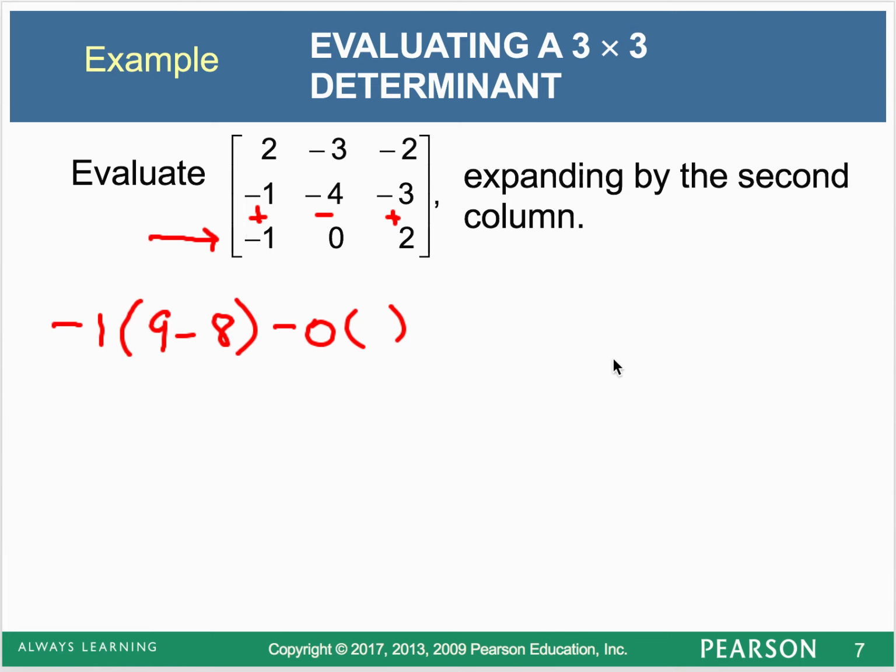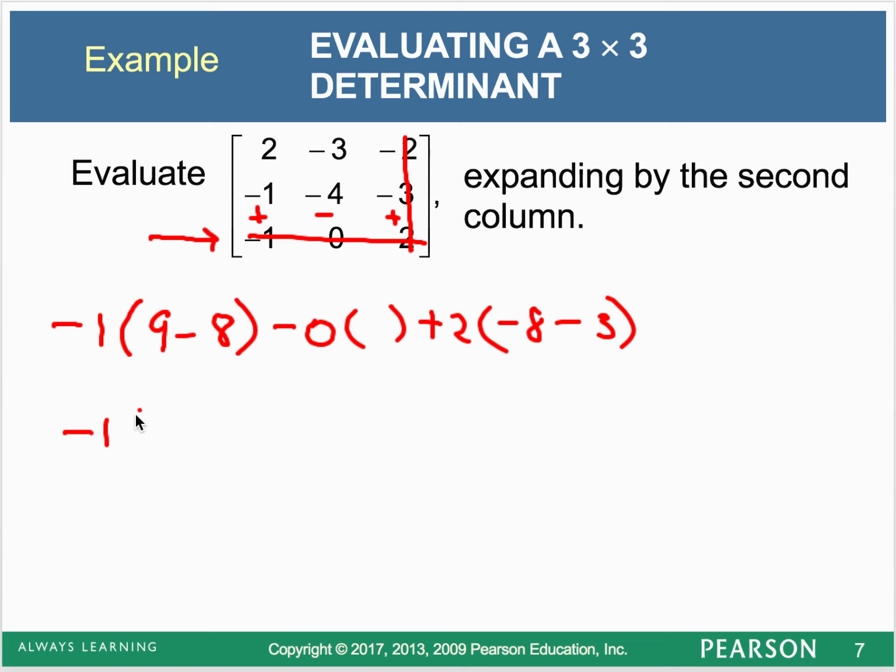Okay, and then go to the next one, which is here. So I'm going to have +2, +2. When I mark out the row and the column that the 2 is a member of, it leaves this 2 by 2 matrix. So I can say -8 minus, right, -8 minus +3. And then just evaluate those numbers.